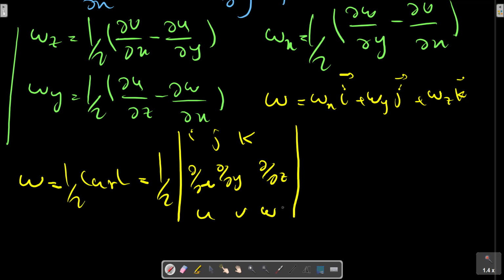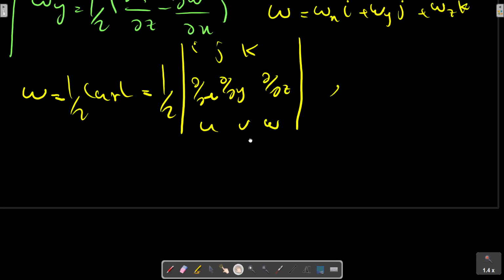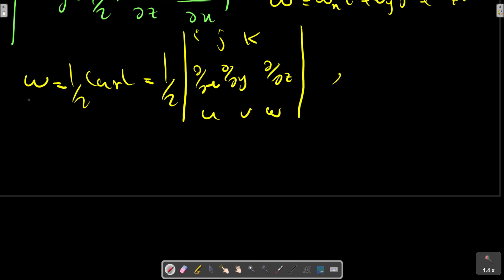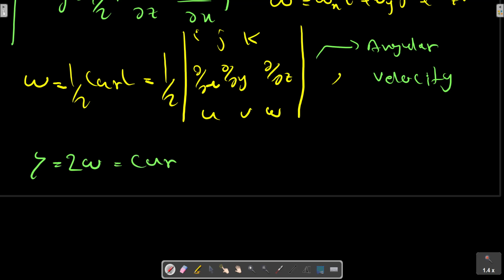Since the factor of half is annoying, many workers prefer to use a vector twice as large, called the vorticity, as the function zeta equals, so we have this, the angular velocity, and the vorticity is zeta equals curl V. Many flows have negligible or zero vorticity and are called irrotational flows.